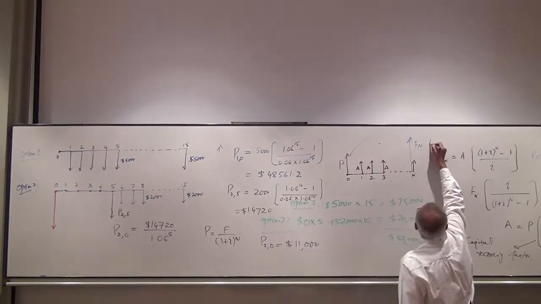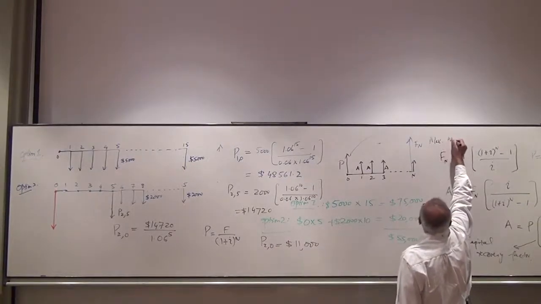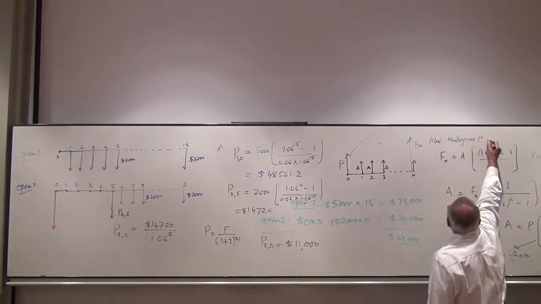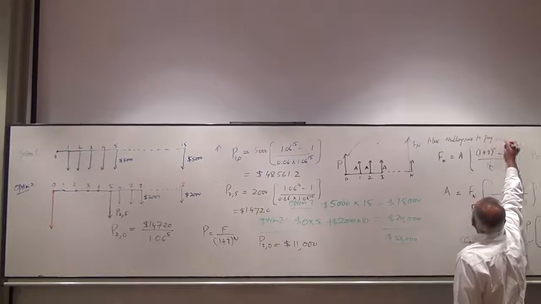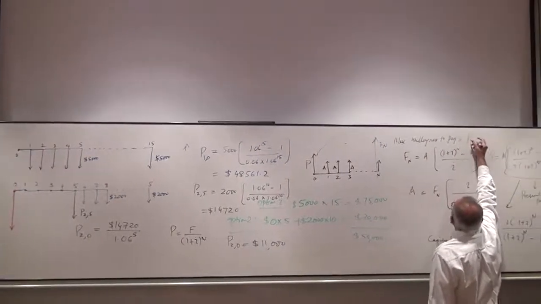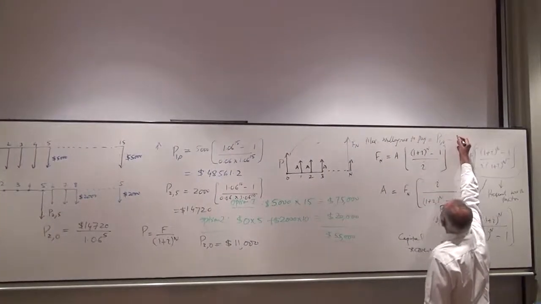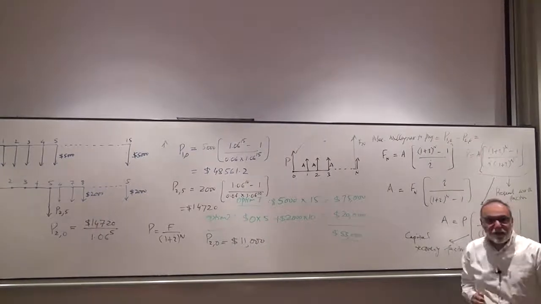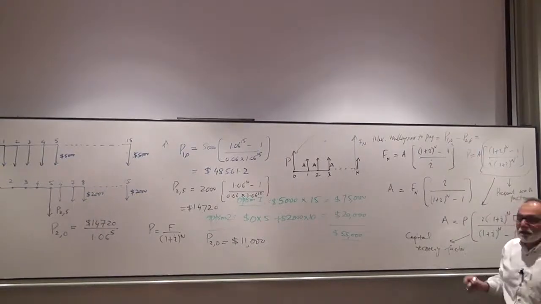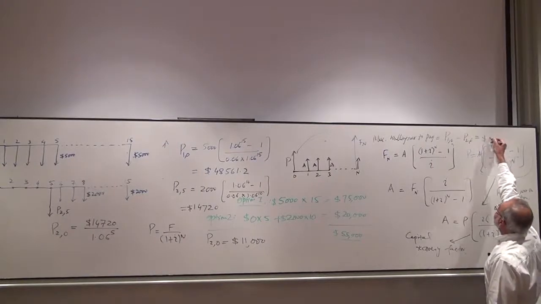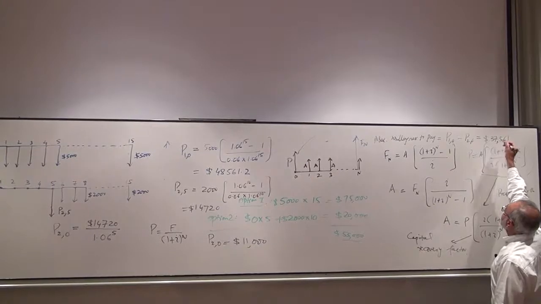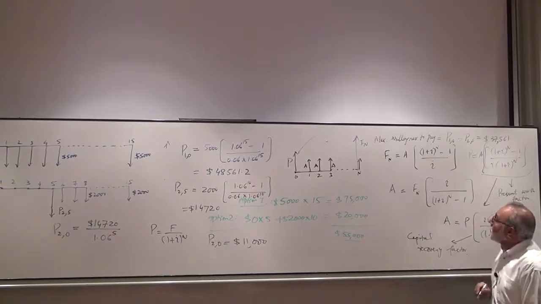Okay, maximum willingness to pay is P10 minus P20. And who will tell me that? 37,561. So $37,561 is our maximum willingness to pay.